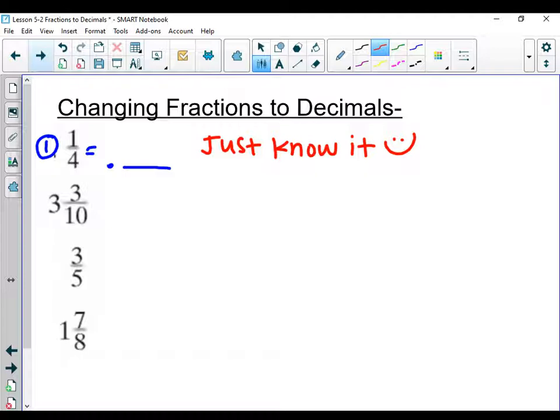You have it memorized. You've been practicing a fourth or 0.25 like a quarter for a really long time. You just know it, you have it memorized. I hope you also have half and 3/4 memorized. And some of you even have more of them memorized, which is awesome. The more that you can put in strategy 1 of just know it, the easier math is for you.